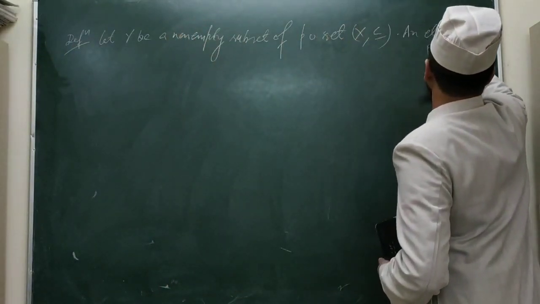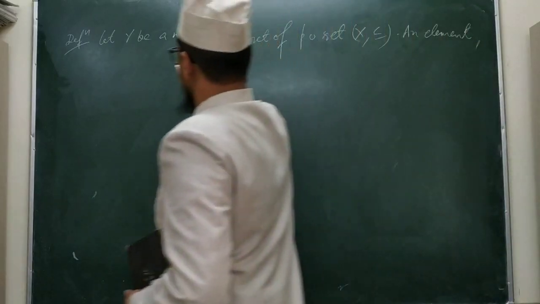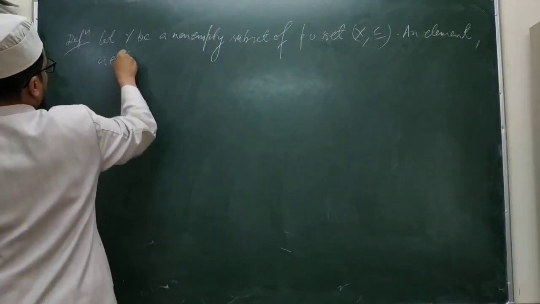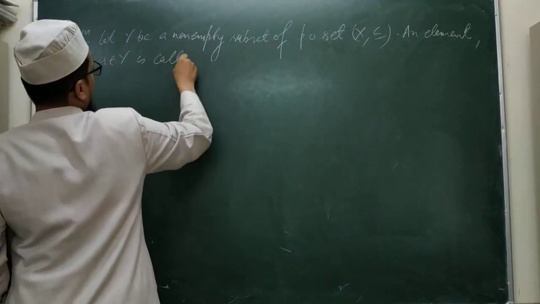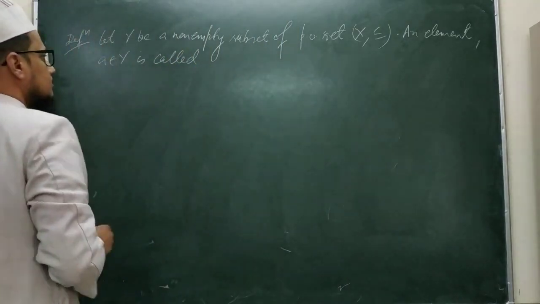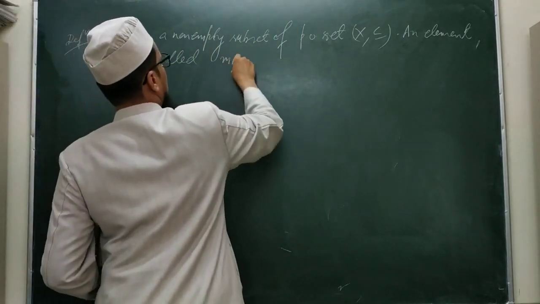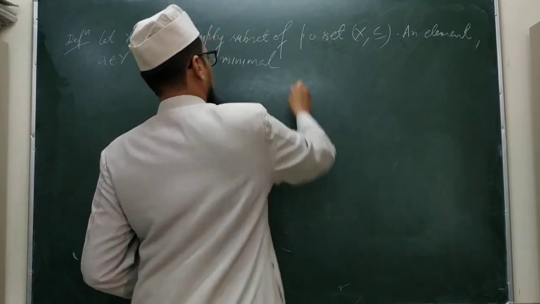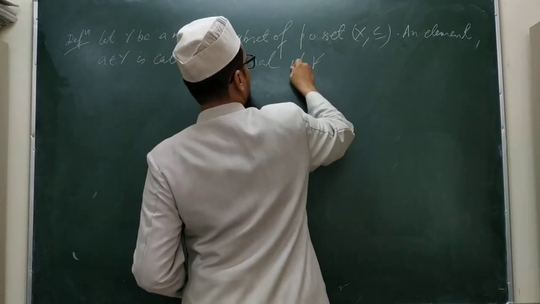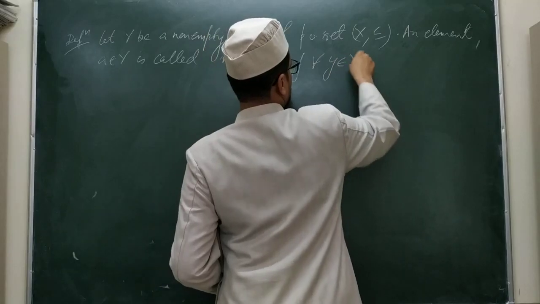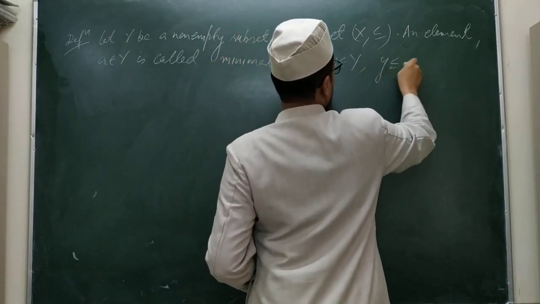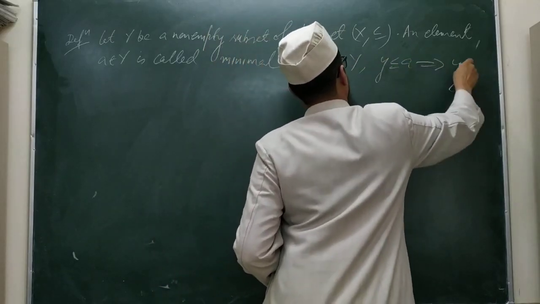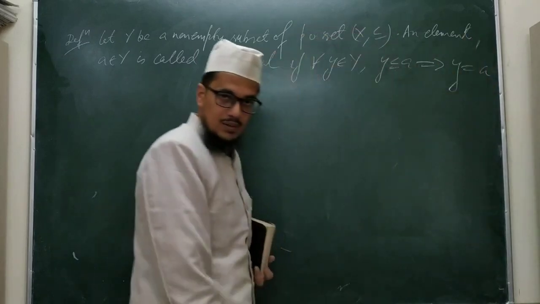An element A belongs to Y is called minimal if for every y belongs to Y, y less than or equal to A implies y is equal to A. Correct?